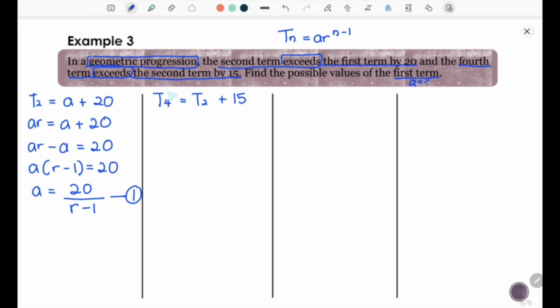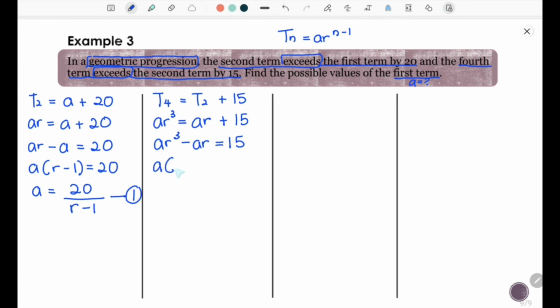Now for T4, we have ar to the power of 4 minus 1, which is power 3. So ar to the power of 3 equal to, for T2, ar plus 15. Now I will rearrange this equation to be ar cubed minus ar equal to 15. So I will factorize a.